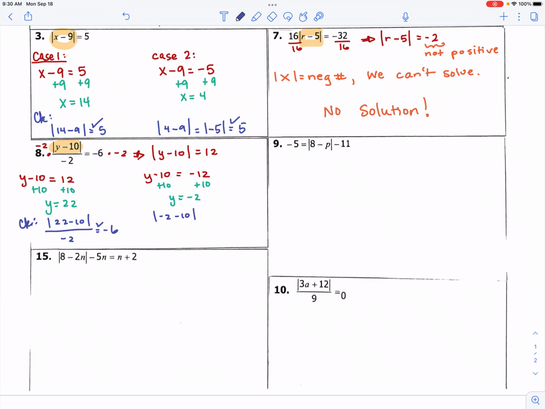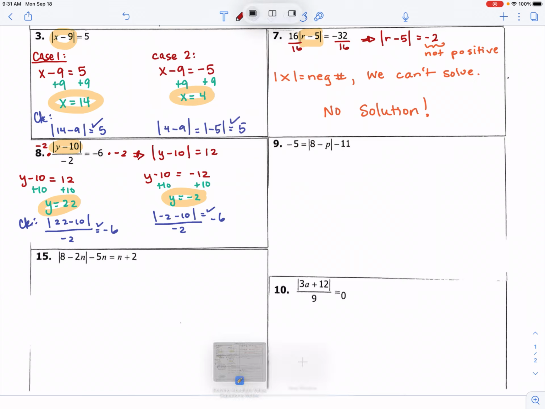Minus 10, and that divided by -2, does that equal -6? So -2 minus 10 is -12. Absolute value of -12 is positive 12. 12 divided by -2 is -6. That works out. So both of these are possible. So those are my answers here. They both work out.